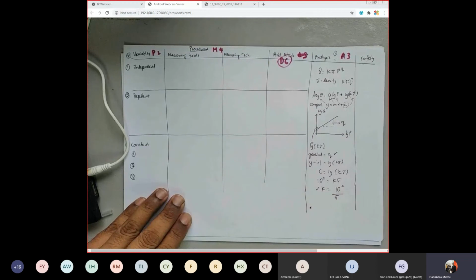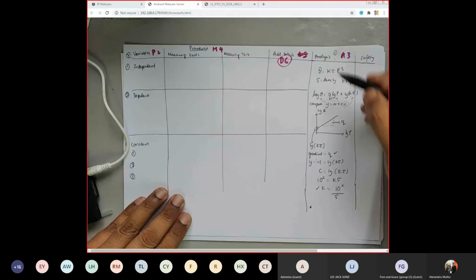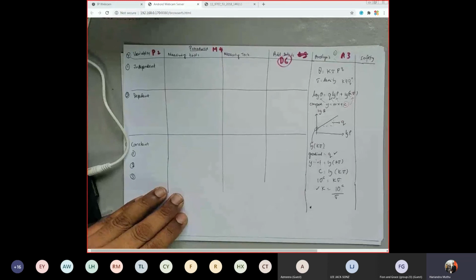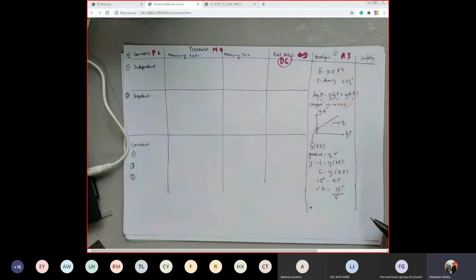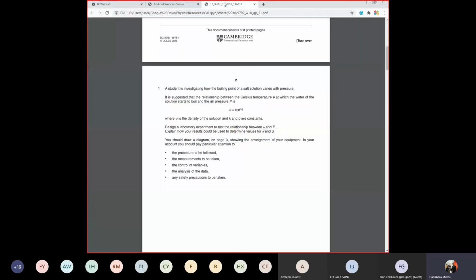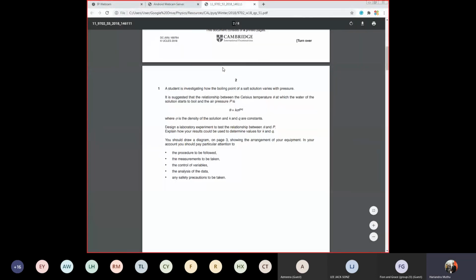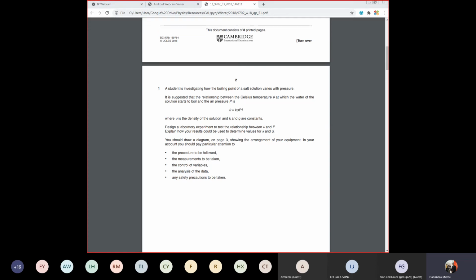is that why are we doing this? Okay, what is the reason we do this? Is to verify the experiment or the relationship, because the question says that how do you design a laboratory experiment to test the relationship between theta and p.